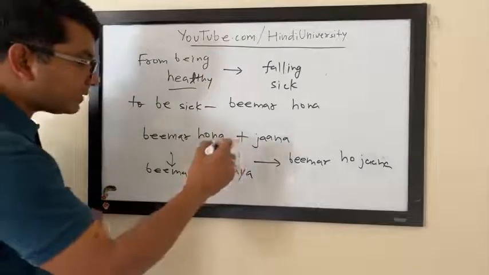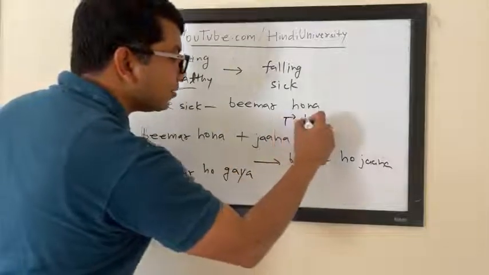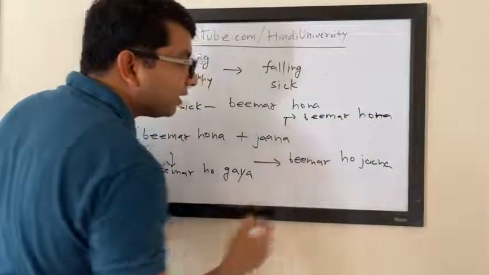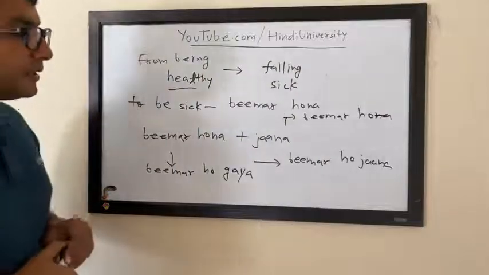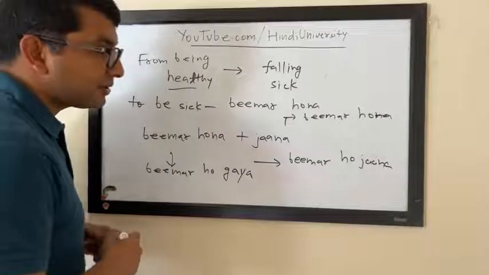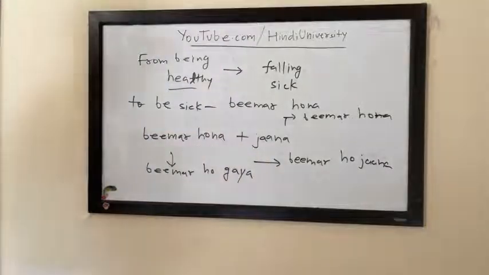Versus using just बीमार होना, right? Where you remove the na and say मैं बीमार हुआ in the past, if you want to say it.